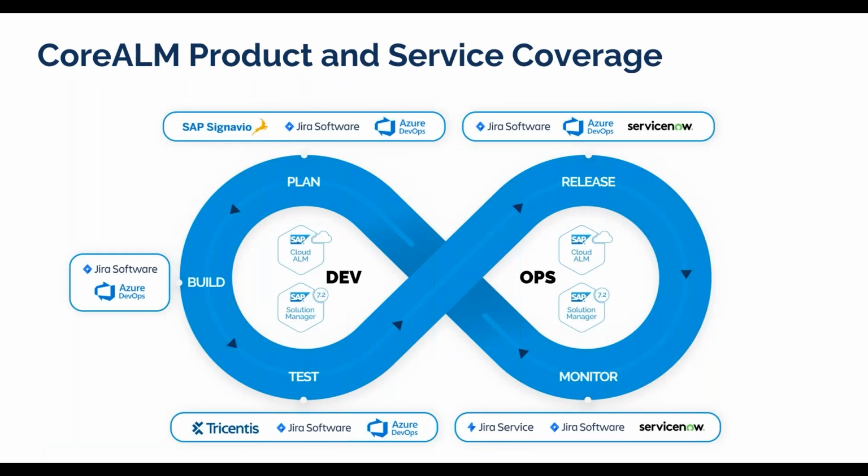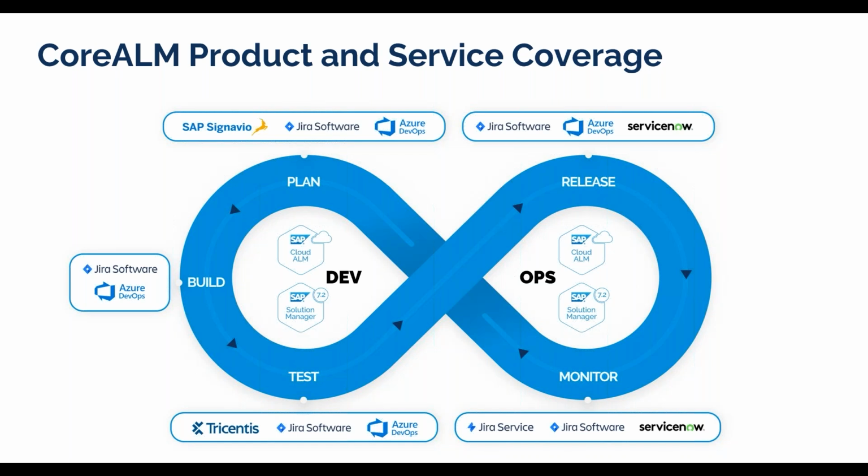Moving forward, where we actually work is really in this DevOps space. We cover all areas of DevOps for SAP, historically with Solution Manager, and now moving into Cloud ALM. On the planning side, we work with products like Signavio, Jira, and Azure DevOps. On the build side, the same thing, those Agile tools with Azure DevOps and Jira, as well as in testing.